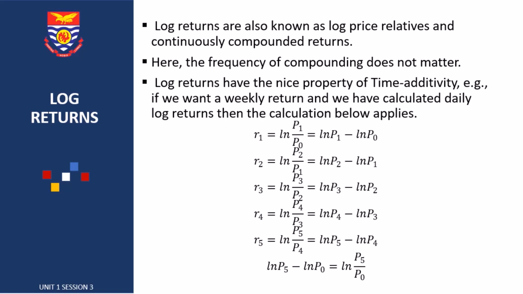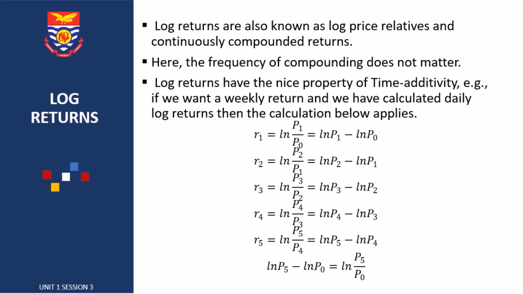For example, if you want to estimate the log returns of an asset over a period of, let's say, one week, which in this case is only 5 days, in equation 1.8 we can clearly see that it is possible, as R1 is the log return for period 1, R2 for period 2, R3 for period 3, and so on. So ln P1 over P0, where P1 is the current and P0 is the previous, gives the log return ln P1 minus ln P0.